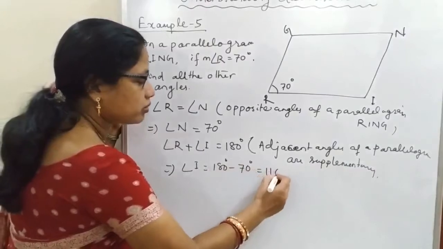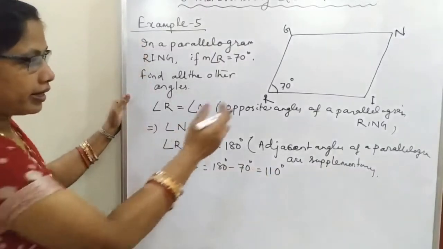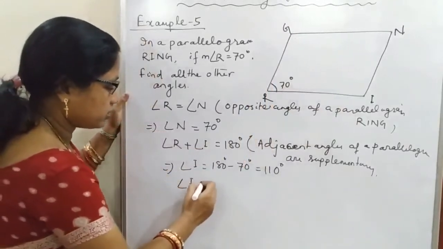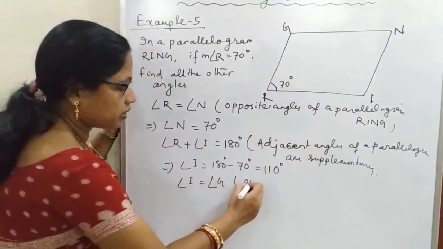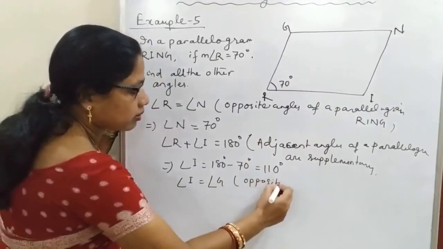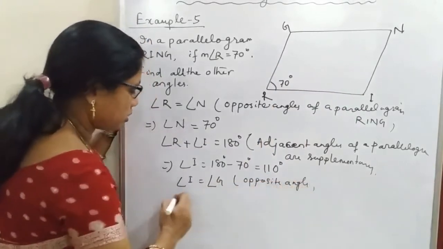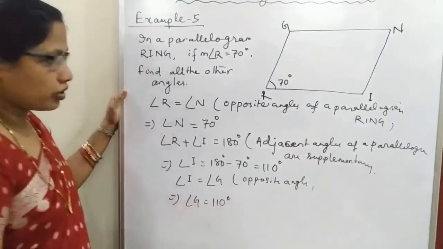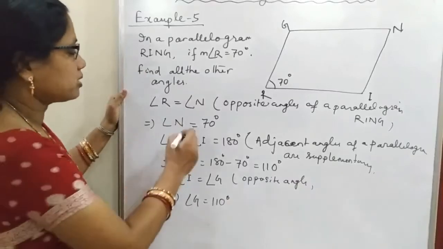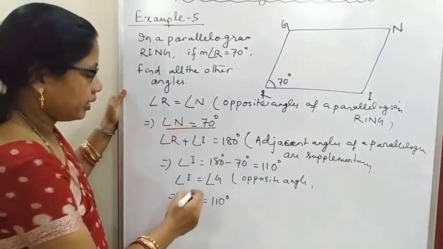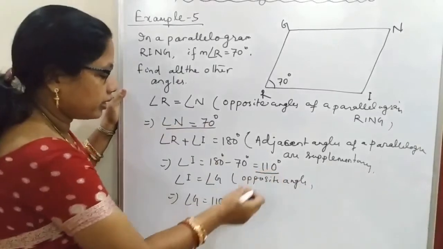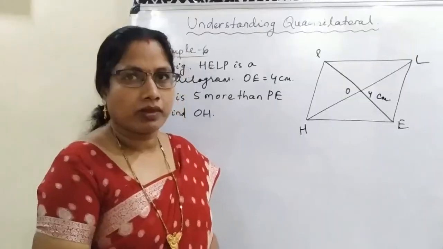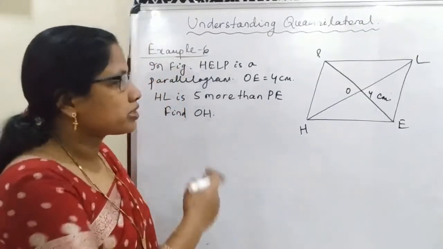So this is equal to 110 degree. And angle I is opposite to angle G. So angle I is equal to angle G, opposite angles. So this implies angle G is equal to 110 degree. So here we got all the three angles. Angle N is equal to 70 degree, angle I is equal to 110 degree, and angle G is equal to 110 degree.